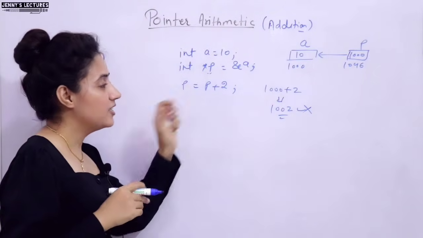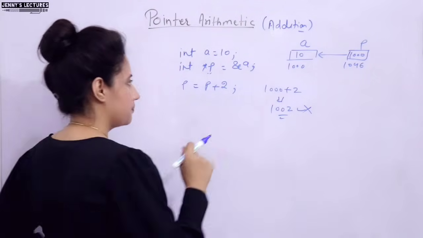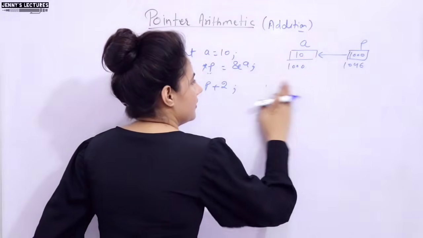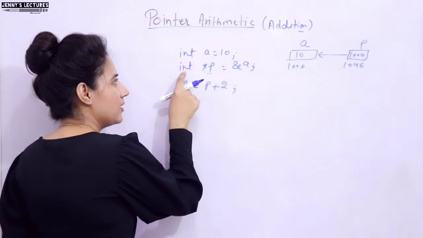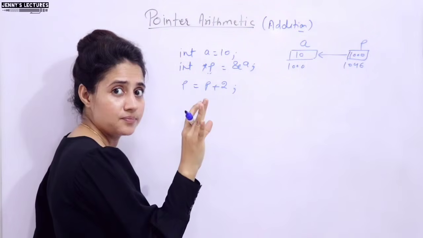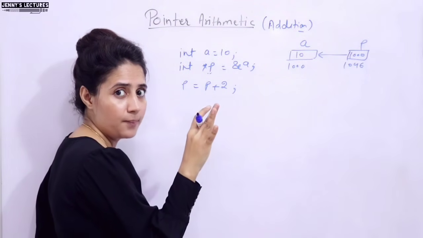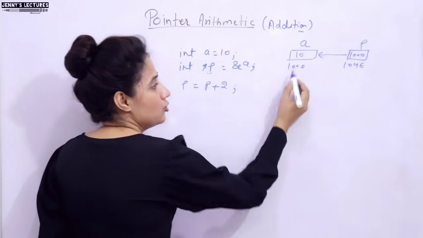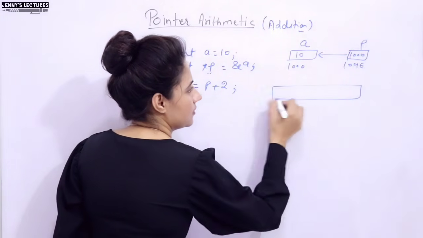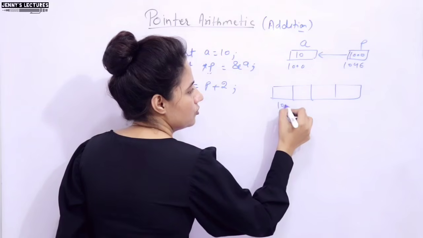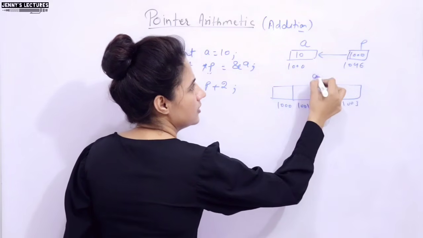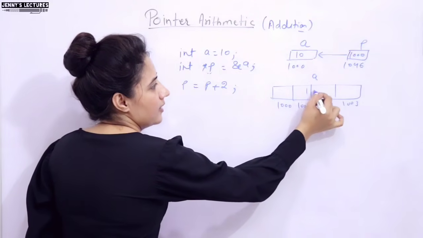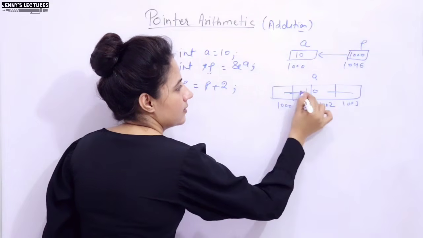So now how would this addition be performed? Here I am supposing that int takes 4 bytes, as in a 32-bit compiler. So this a occupies addresses 1000, 1001, 1002, 1003, and here we have stored 10.